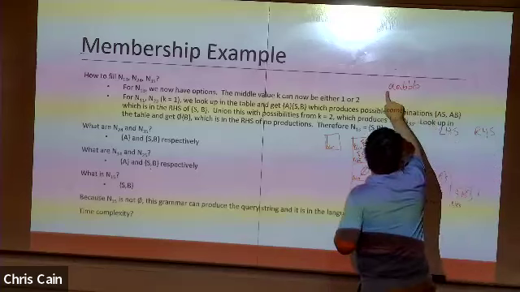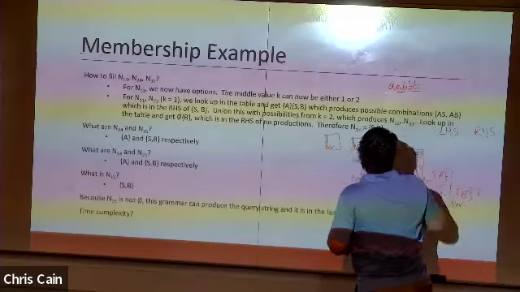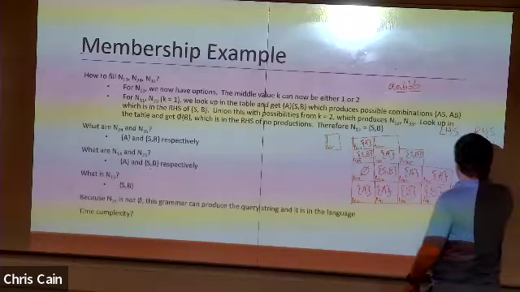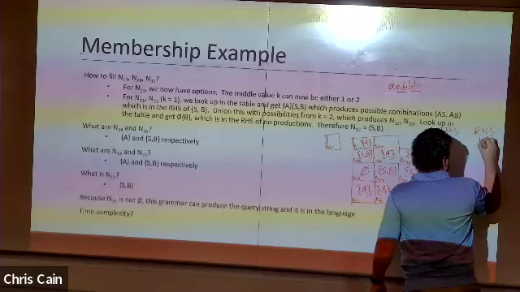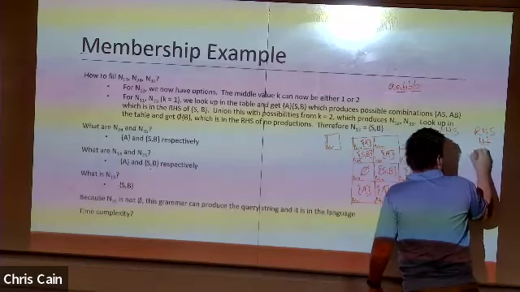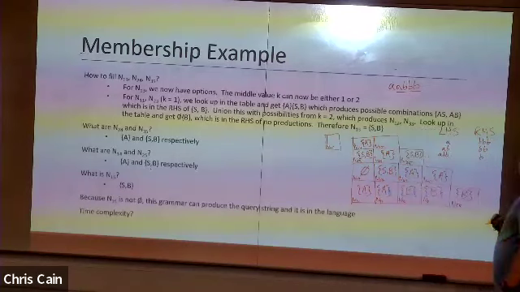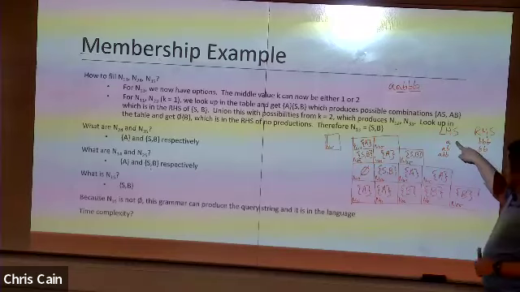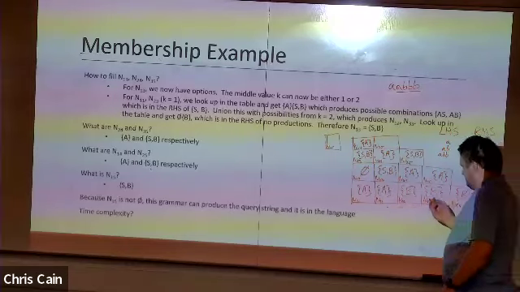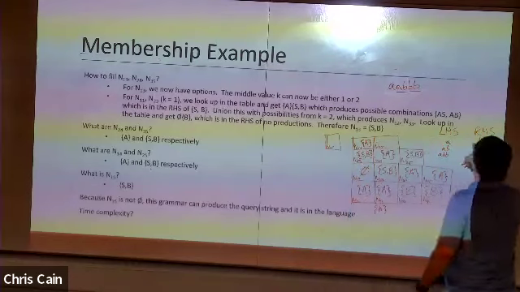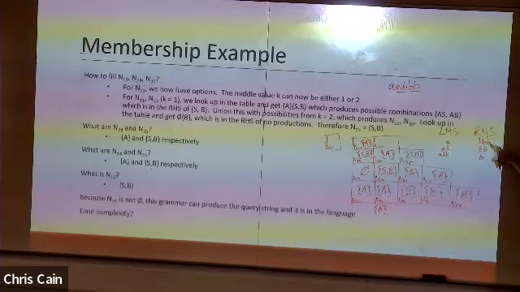2, 5. We're almost done. Possible places we can break this: A, B, B, B, or A, B, B, and B. Where are the associated lookups? This A is now 2, 2, not 1, 1. So we have a left-hand side of A and a right-hand side of B, B, B. Where is that located? 3, 4, 5.